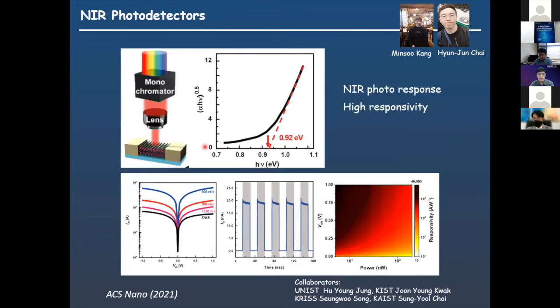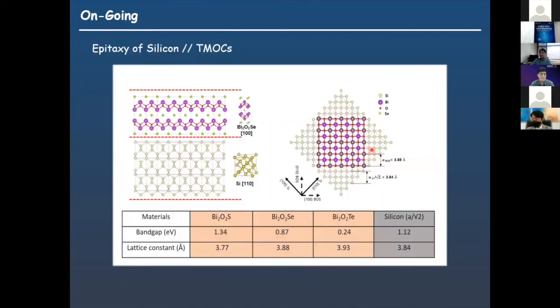And in terms of photo detection, this material has a NIR band gap, and the band gap is much smaller than the silicon case, so that we can generate the NIR response photo detector like this. And here is the one take-home message.